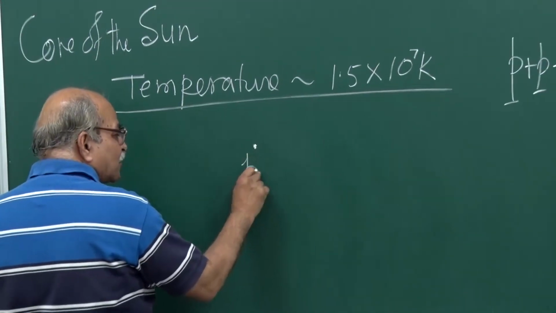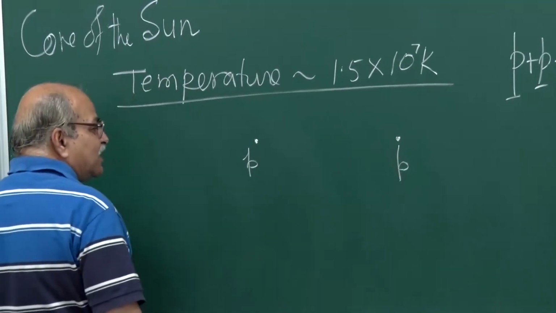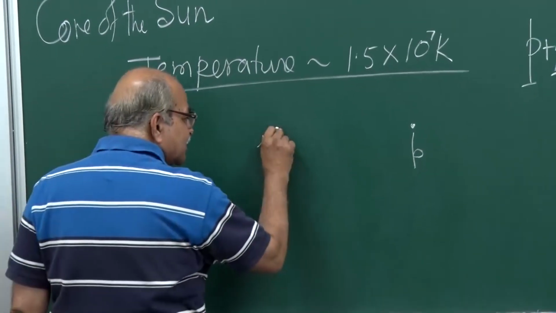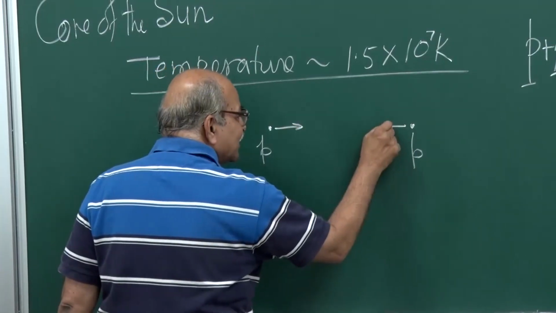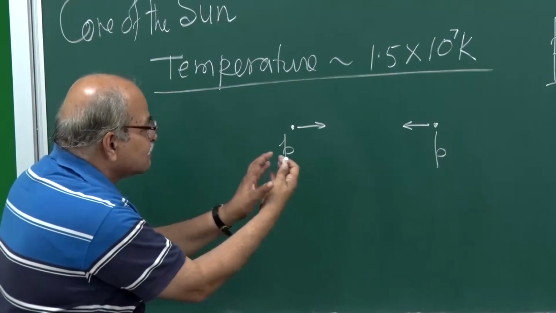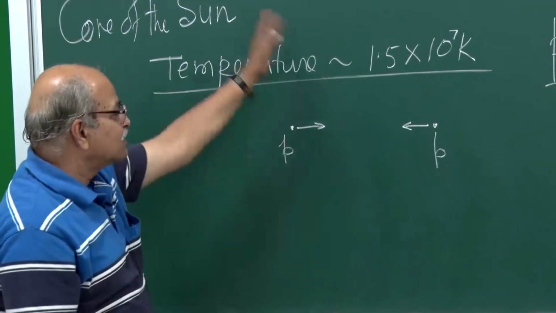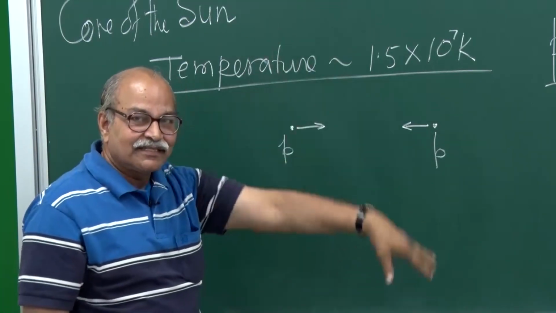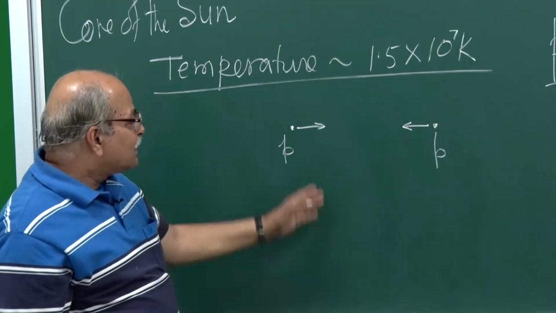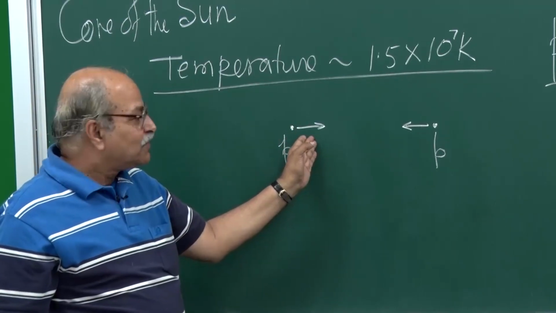Let us say there is a proton, and in a very favorable situation, this is going this way, this is going this way, so that they are trying to come close enough to each other. If the directions are different, then anyway the chances are even less. What is the average speed of this proton at this temperature?